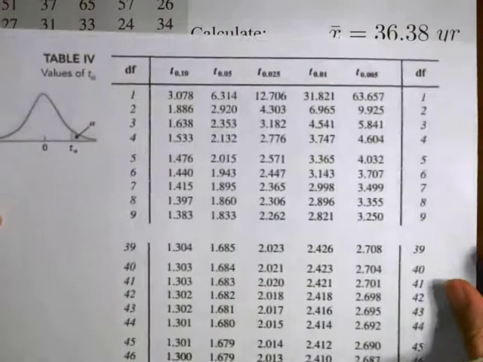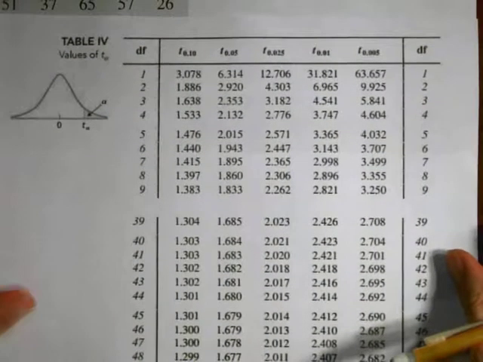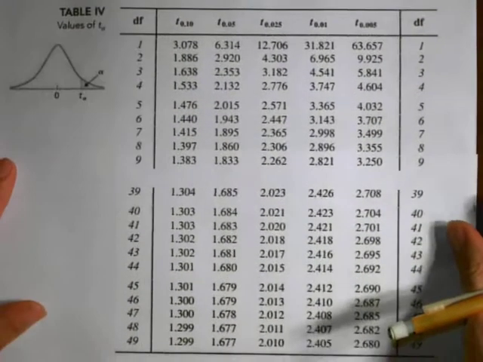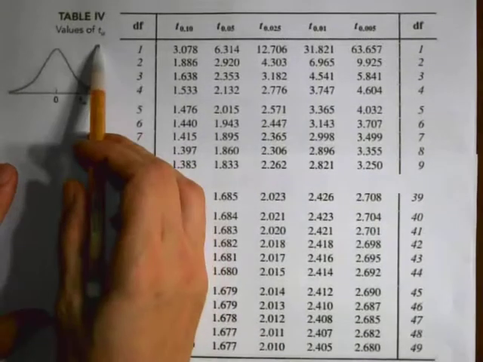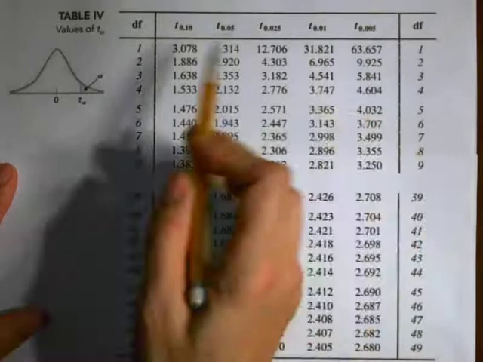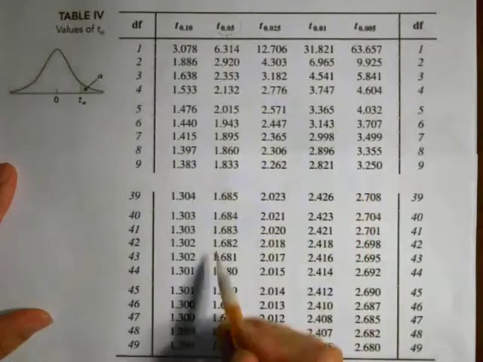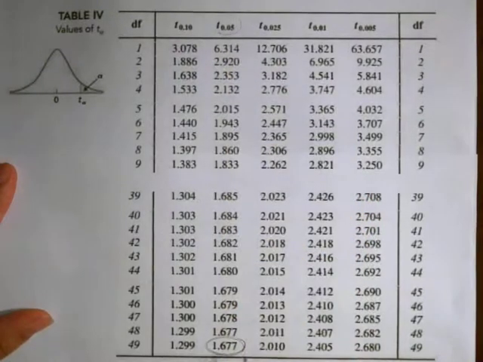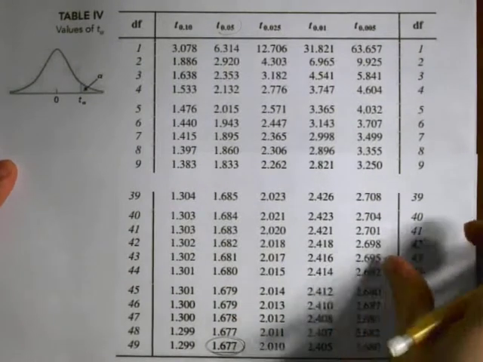Now we need to use our table. So here is the table of t statistic values. I've kind of cropped it to show the things that we are interested in. So the value of t alpha is up here, and I am looking for t of 0.05, and I'm going to follow this column all the way down to 49 degrees of freedom, and I see that this is 1.677.